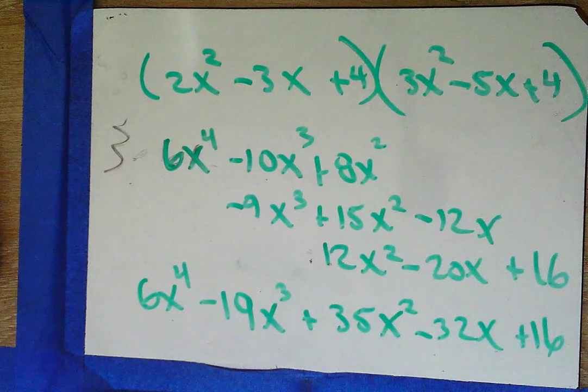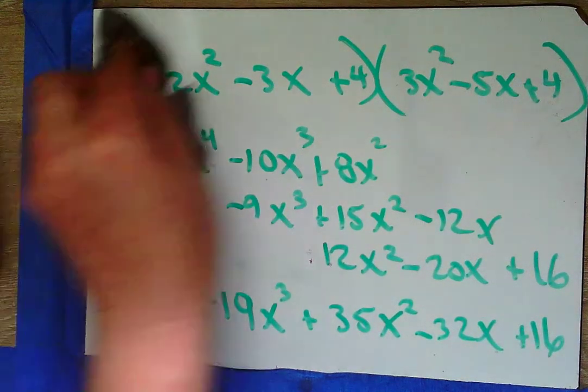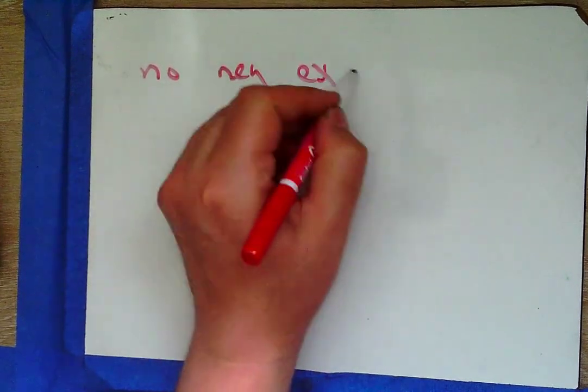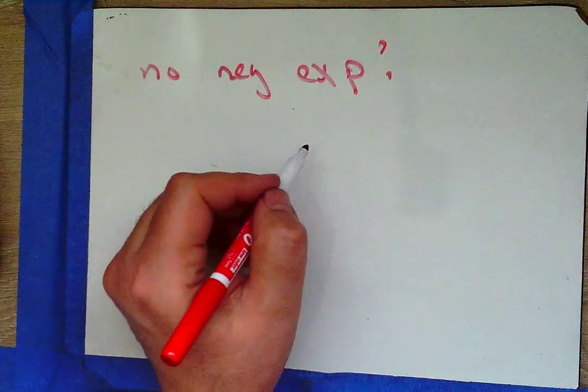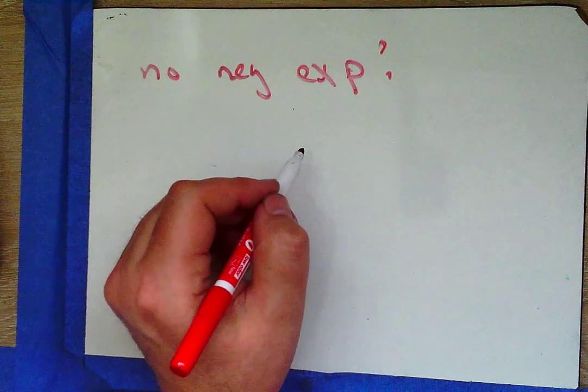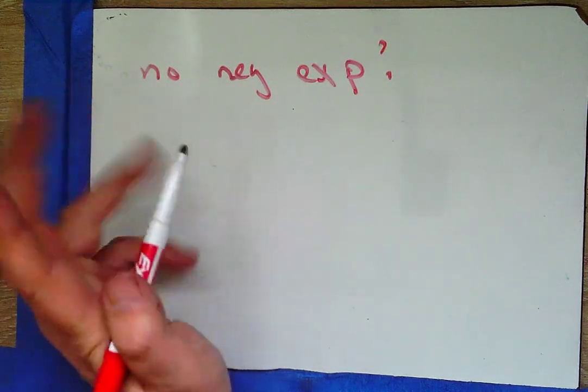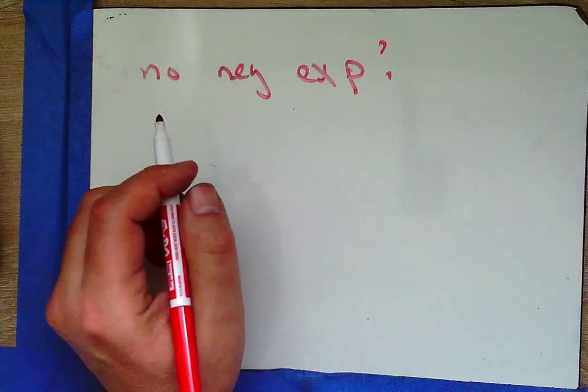All right, so there you have it. We reviewed working with polynomials. We first defined what a polynomial was. Polynomial, any number of terms, no negative exponents. What else can't a polynomial have? We know it can have 1 term, 2 terms, 3 terms, or many, many terms.